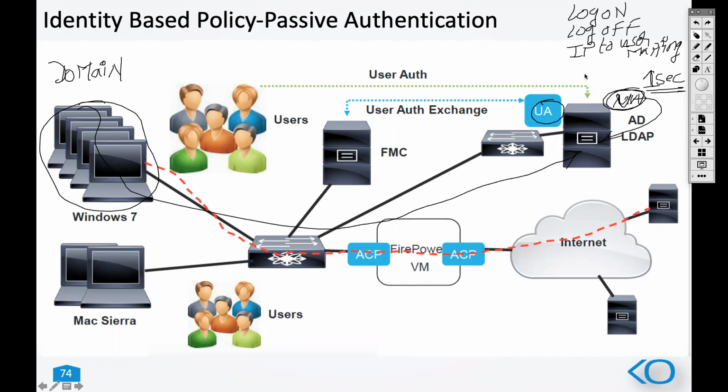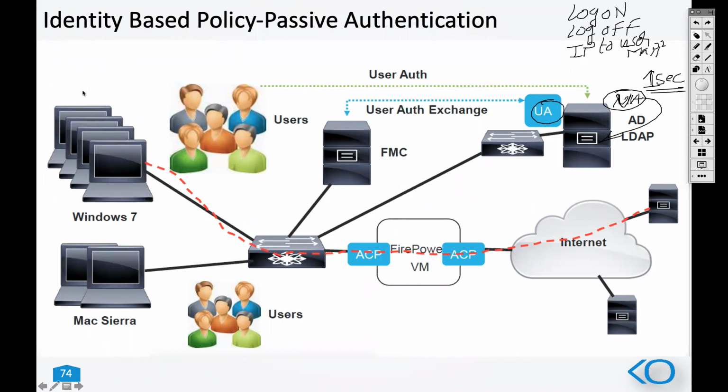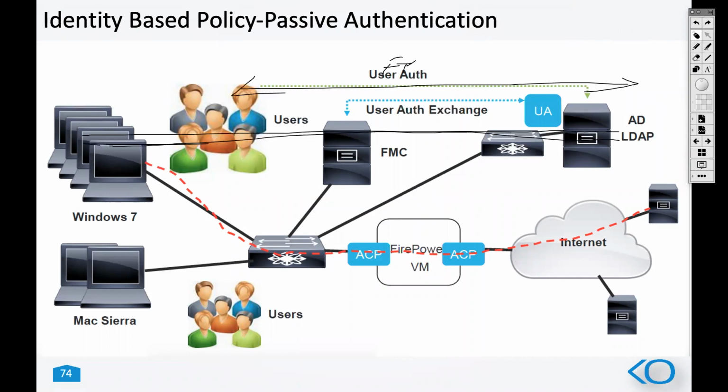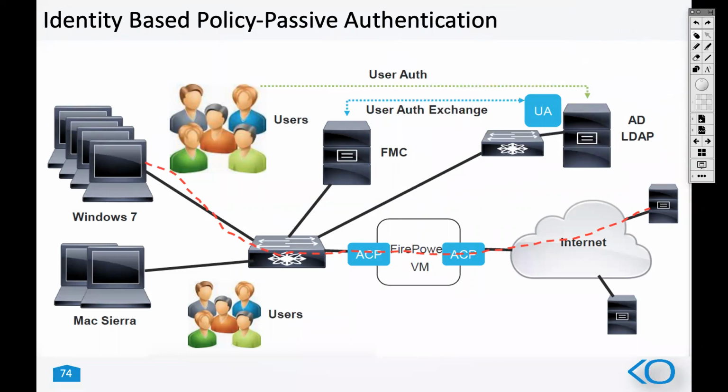So once, let's say, a user Bob logs in. In AD there is Bob, and Bob is part of a group HR. There is Bob's PC, which is 192.168.1.1, his IP address.